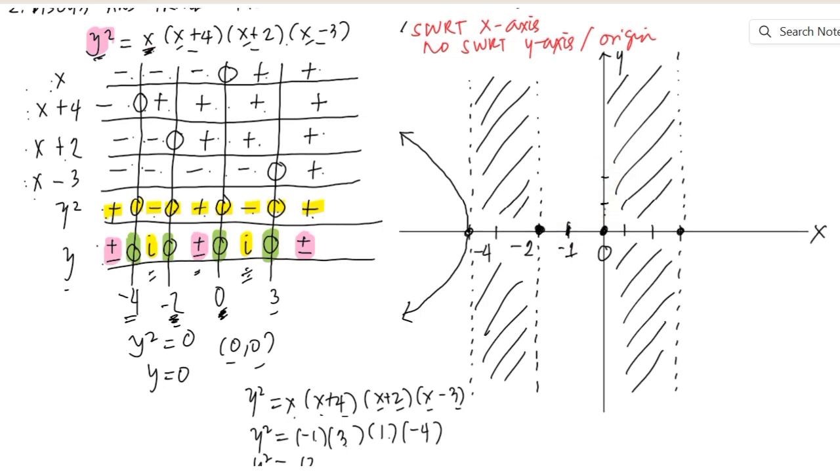So 1, 2, 3, and 0.46 in here. Since this is symmetrical with respect to the x-axis, we also have 3.46 at the bottom.